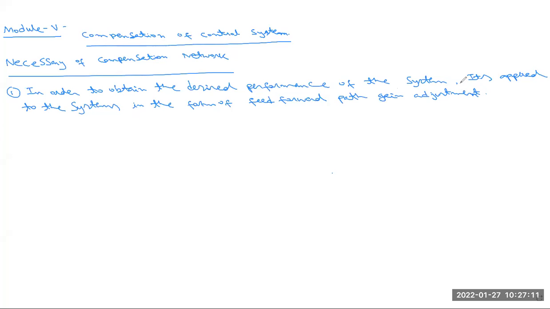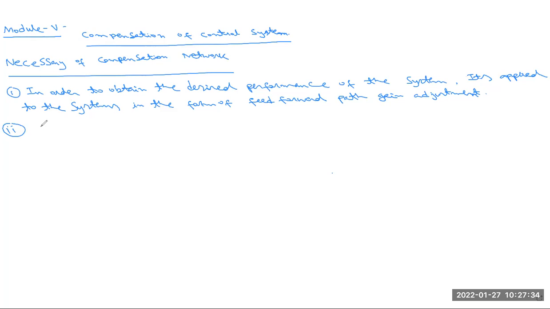When you design a compensation network for the control system, it is applied in the form of gain, and we adjust the feed forward path gain using this compensation network.